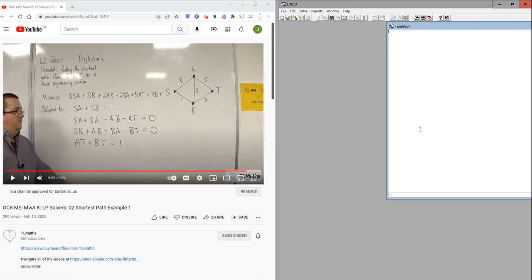What I wanted to do is show you what the output from Lindo is, because part of the OCR MEI modeling with algorithms specification expects you to be able to interpret solutions from a similar program as output. So in the exam, they might give you the output from something like Lindo, and expect you to interpret what bits of it mean.